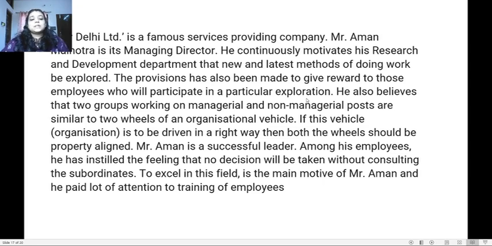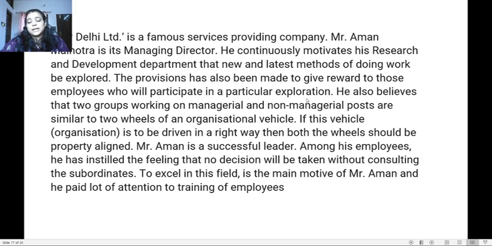He also believes that two groups working on managerial and non-managerial posts are similar to two wheels of the organizational wheels, right? He believes that managerial हो या non-managerial हो, दोनों ही बहुत जरूरी हैं ऑर्गेनाइजेशन के लिए क्योंकि वो दो पहियों की तरह काम करते हैं, right?